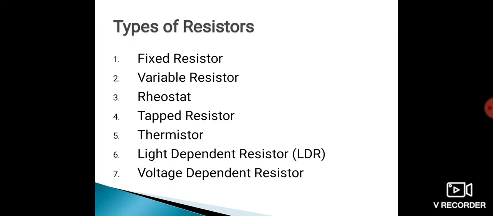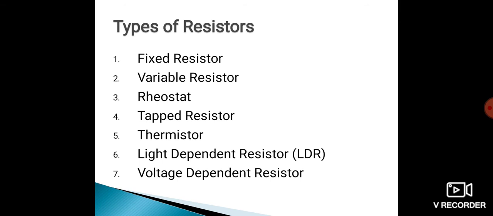There are total 7 types of resistances. One is fixed resistor, variable resistor, rheostat, tapped resistor, thermistor, light dependent resistor, and voltage dependent resistor.